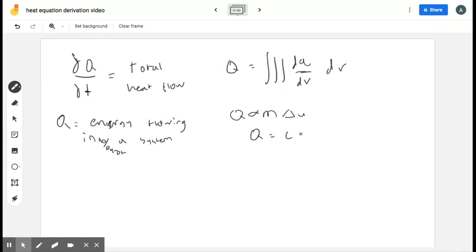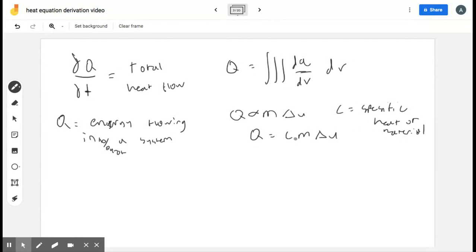So Q, we can say, is equal to some proportionality constant times mass times the change in temperature, and C is equal to the specific heat of the material.